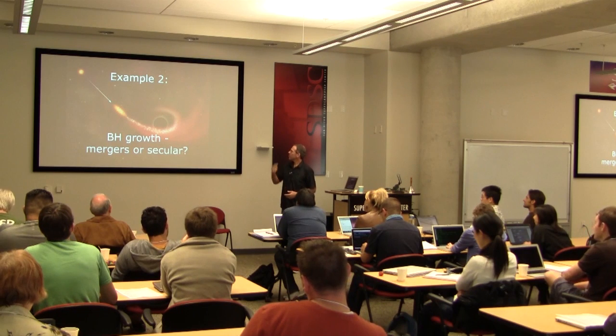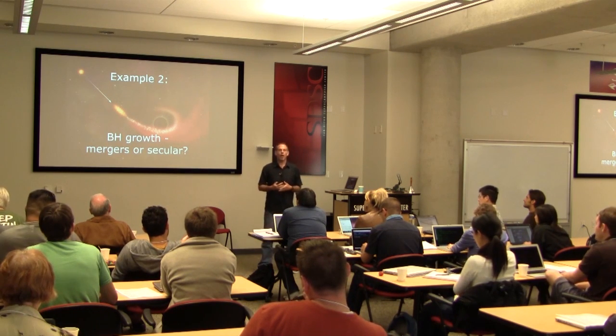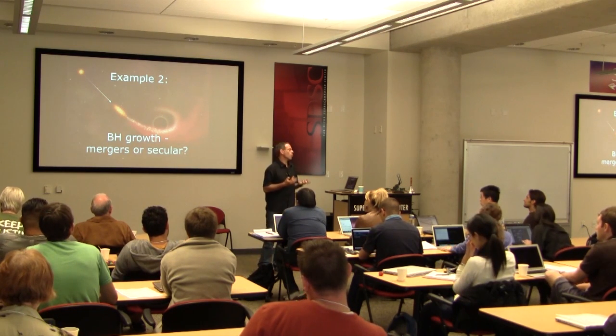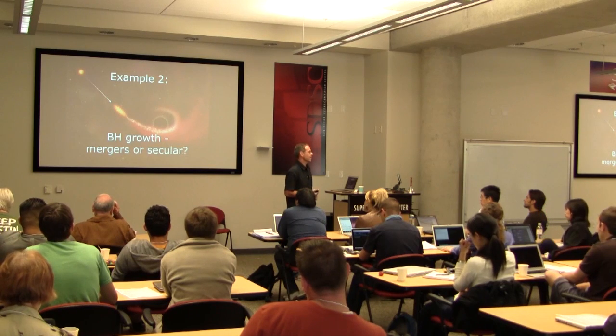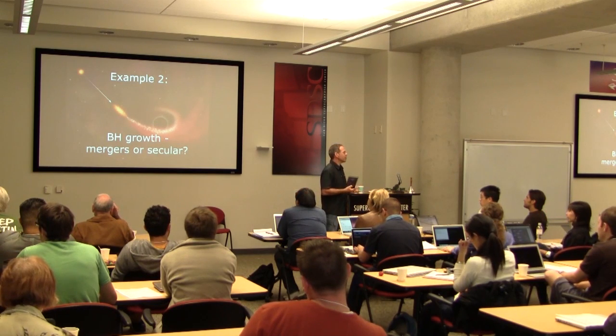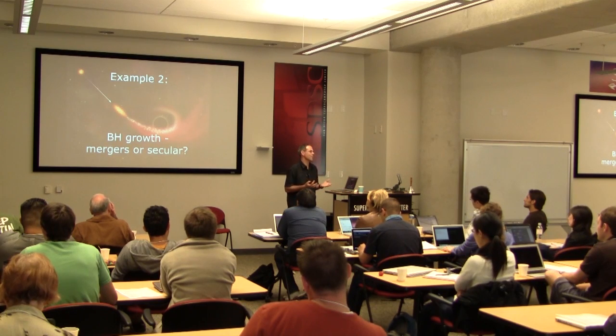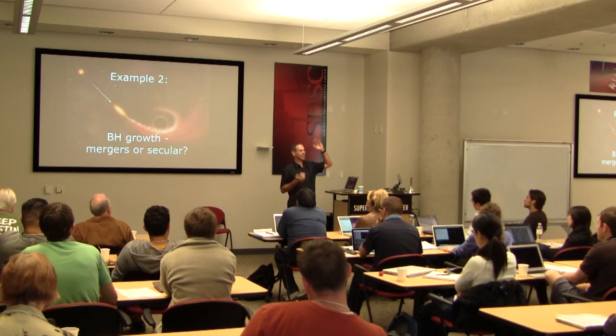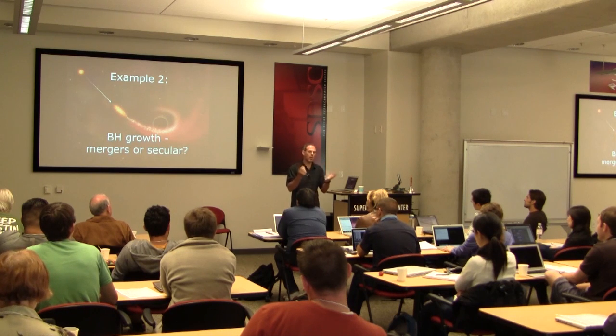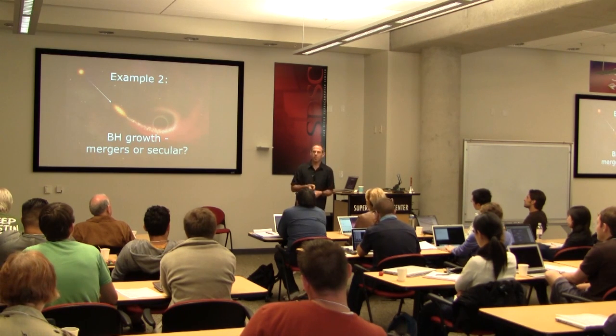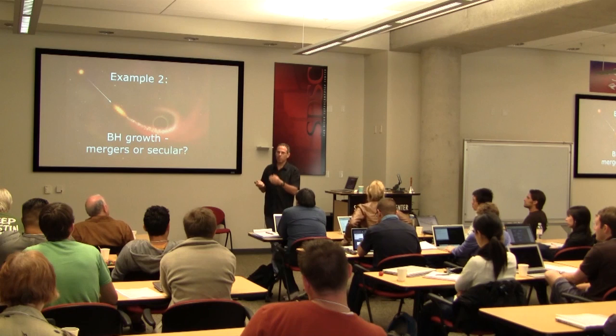All right, let me talk now about black hole growth mechanisms. It was assumed for a long time that quasars are mergers. Who thinks that? Quasars result from the merging of two gas-rich galaxies. Joel does.